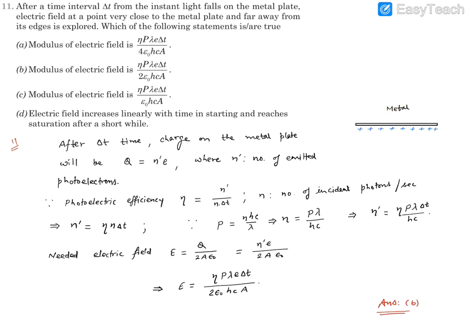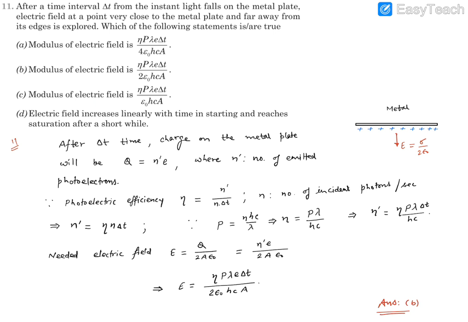And since this is a conductor, the charge will be uniformly distributed, and if we take a point very close to the plate and away from the edges, that point will experience it like a very large plate, and the field is going to be in this direction, following the formula sigma upon 2 epsilon naught. So we need to find sigma, that is the charge density.